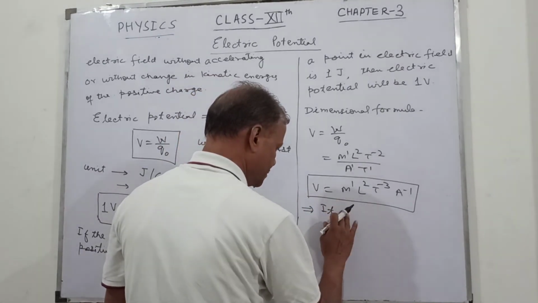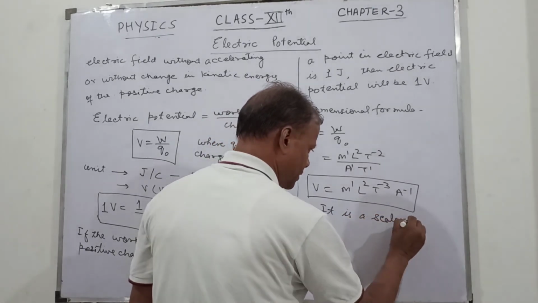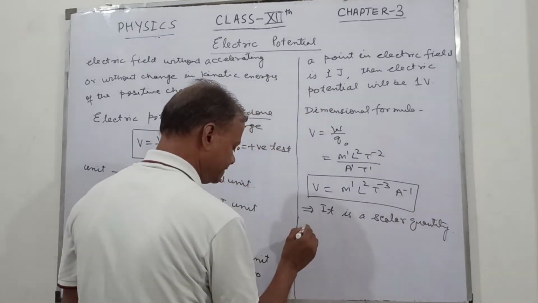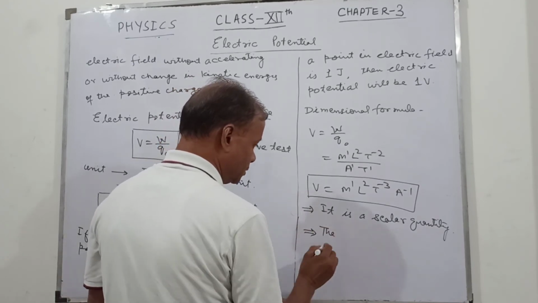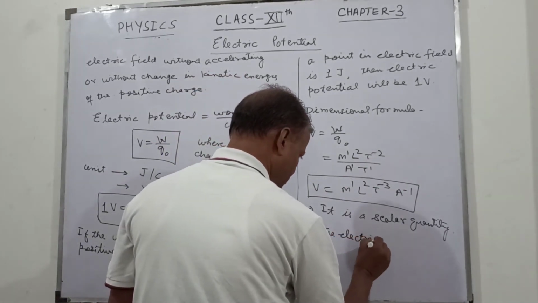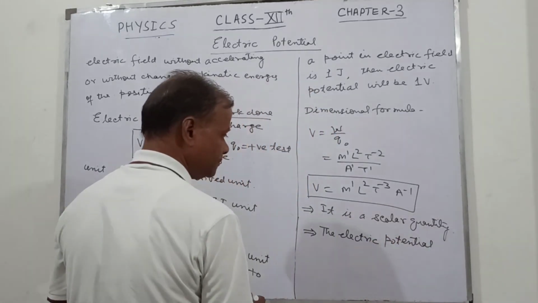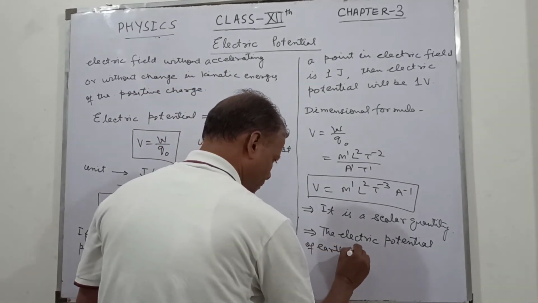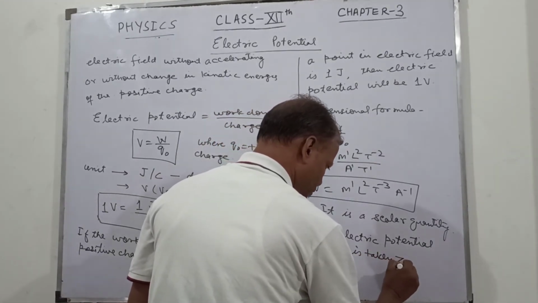It is a scalar quantity, and the electric potential of Earth is taken 0.